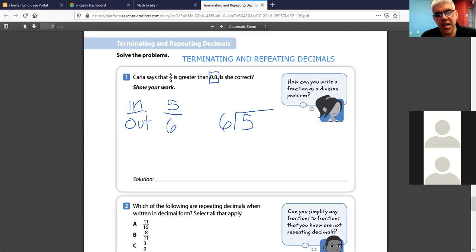What you need to write as quickly as you can is terminating and repeating decimals. That's the title. And just what I wrote in ink, in over out. So it's a fraction 5/6. And then we need to divide that. So I'm gonna make a pause.